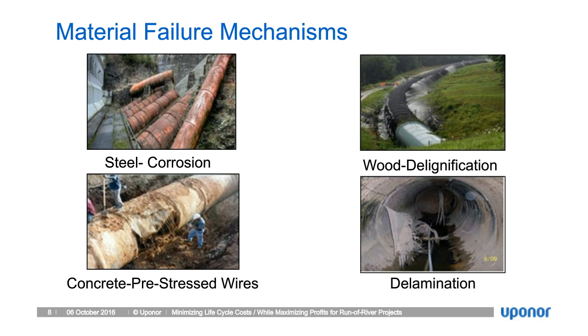It could be galvanic, it could be low to high pH, or it could be just oxidation. So corrosion is a real issue with steel, and as such it needs to be coated or treated, or have some type of impressed or sacrificial anodes to minimize corrosion and degradation of the steel.